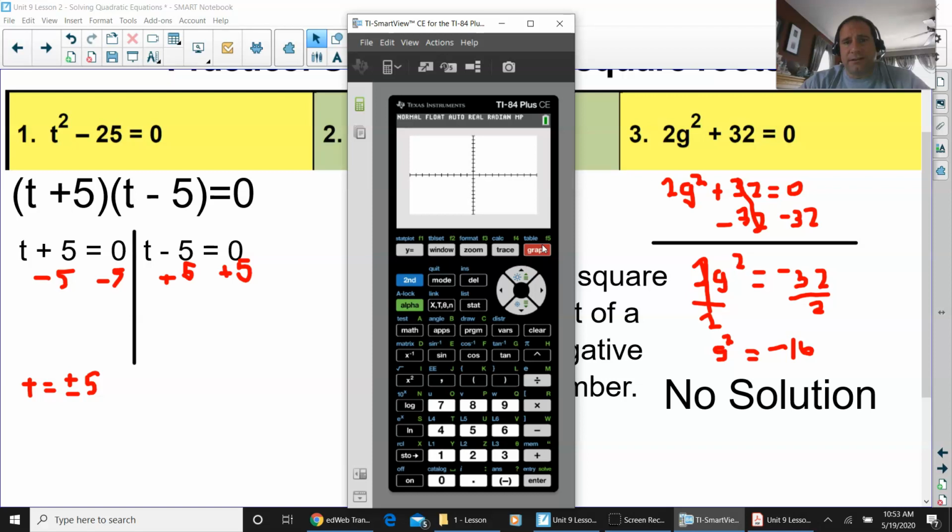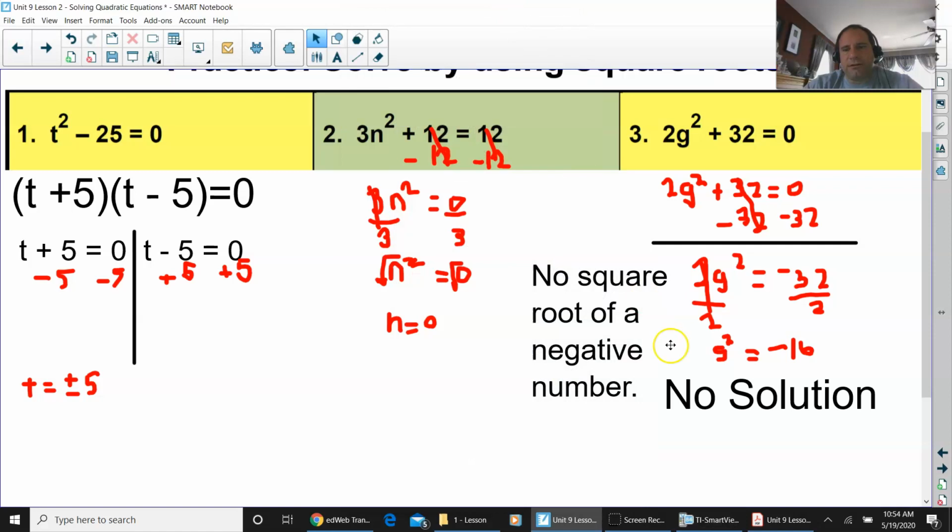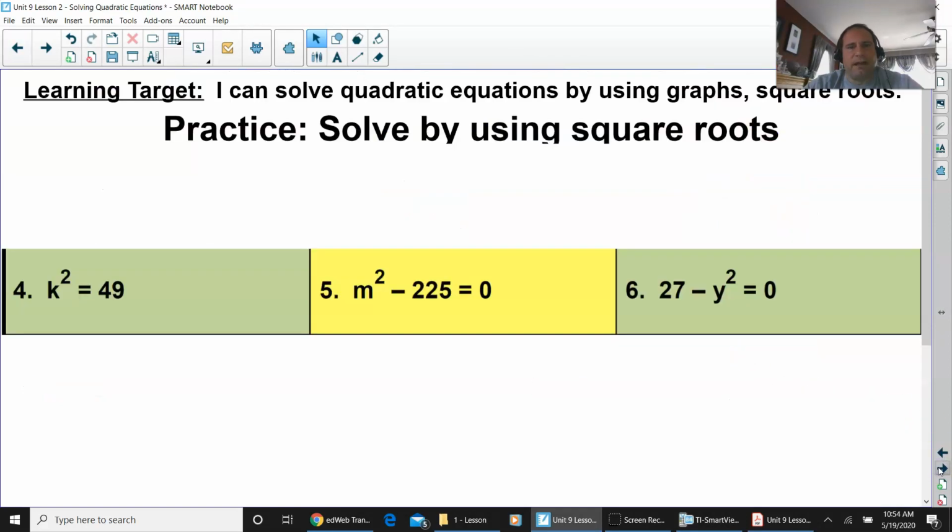We should see nothing. The reason we're seeing nothing is because the parabola is all the way up here. It's crossing at 0, 32. So I am going to mess with that window just to prove that to you, that y max. I'm going to just put that as 60 in graph, and we could see that right there. That is 0, 32. All right, so just be aware you cannot take the square root of a negative number.